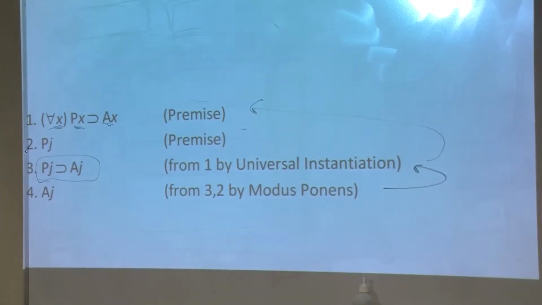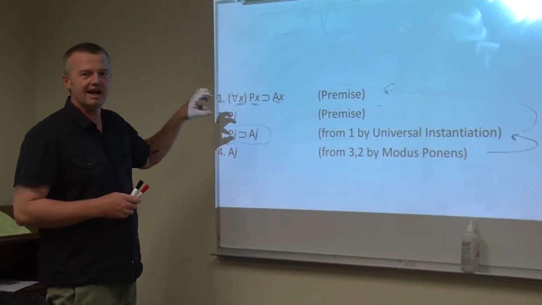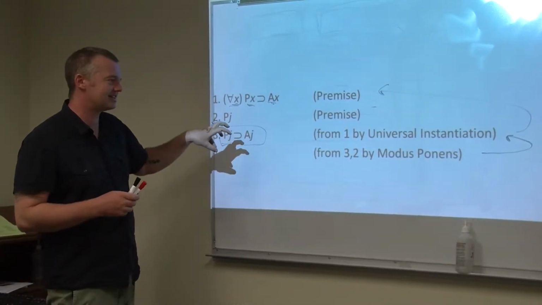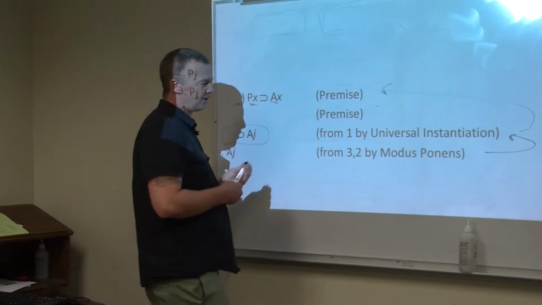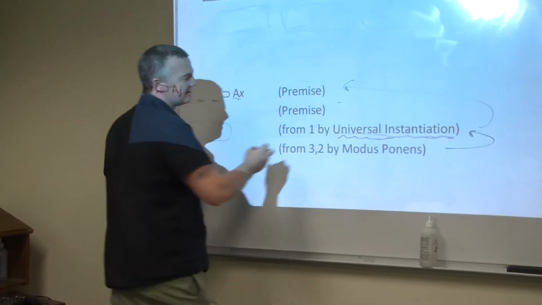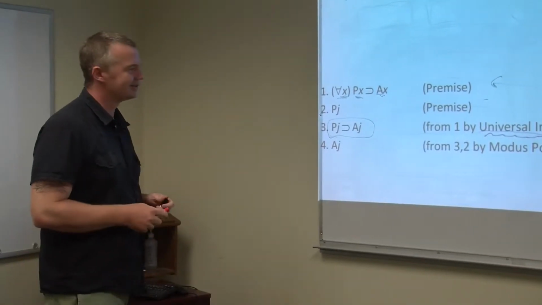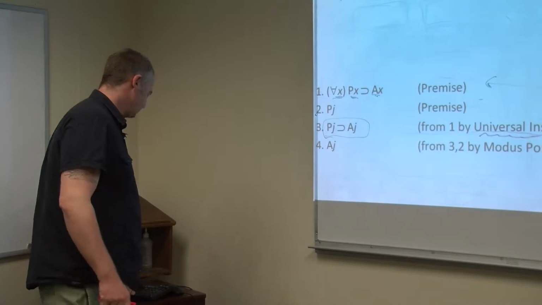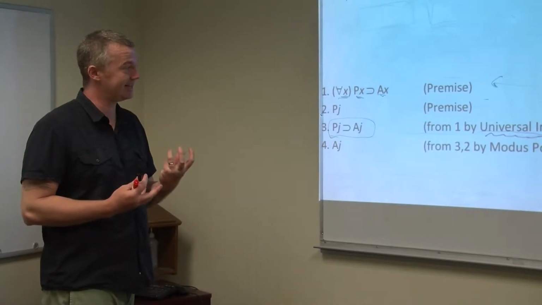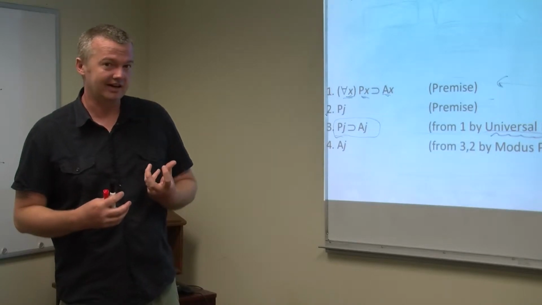Okay, so we're beginning to see that we need to take the bits of the declarative sentence apart, and once we have the bits apart, and once we have a few more little moves, like this move of universal instantiation, then we're going to be able to do some proofs and capture really what it is that we're already doing when we reason about quantifiers.